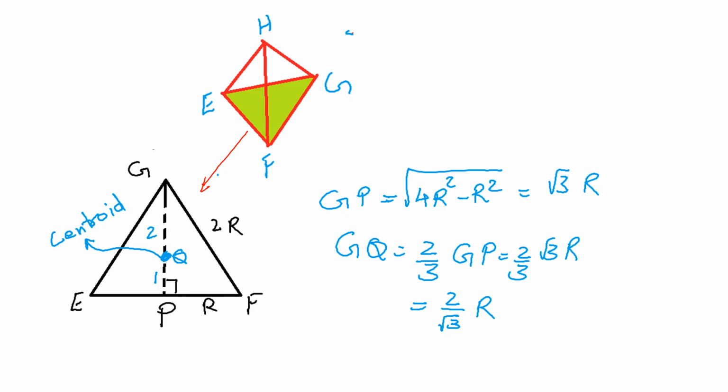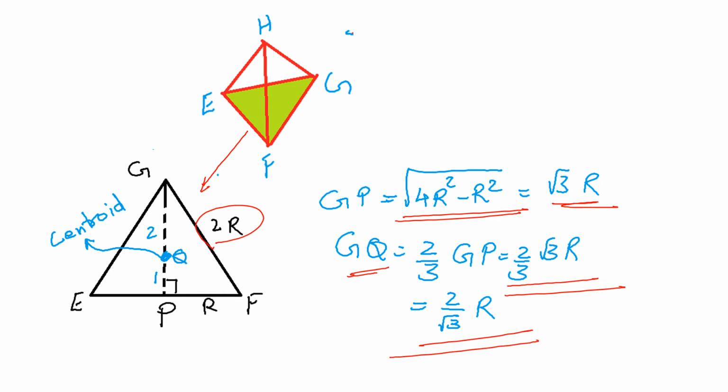Applying the Pythagoras theorem, GP equals the square root of hypotenuse squared minus base squared. So this is 2r, so 4r squared minus r squared, which gives root 3 r. Q is the centroid, therefore GQ is 2/3 times GP, so 2/3 times root 3 r, that is 2/root 3 times r. So we got the centroid of the base triangle.